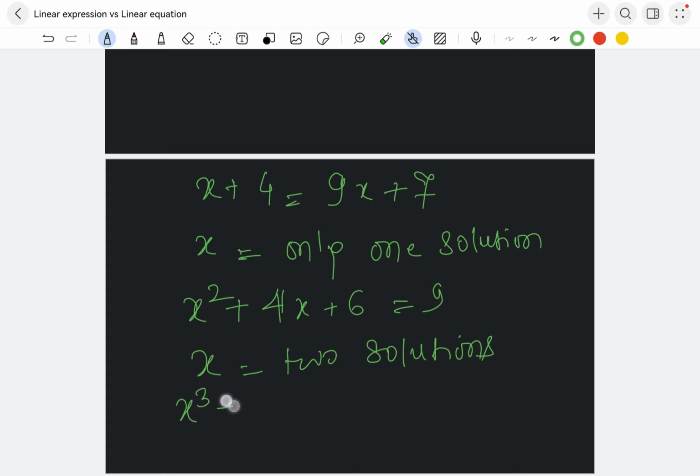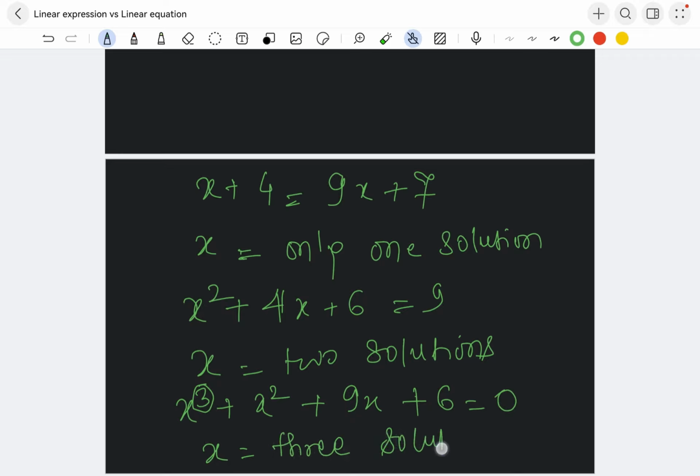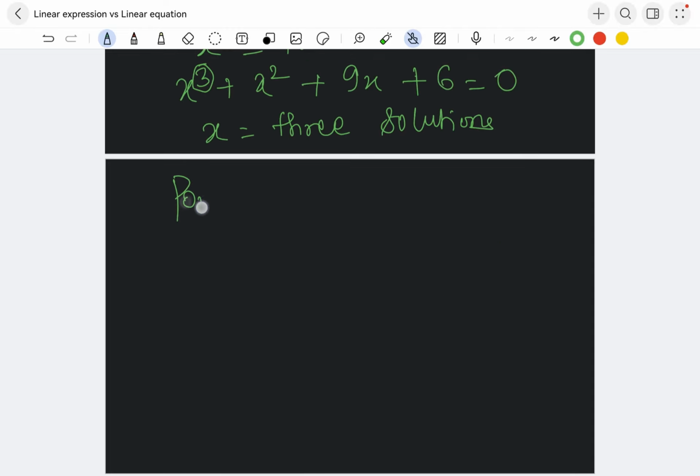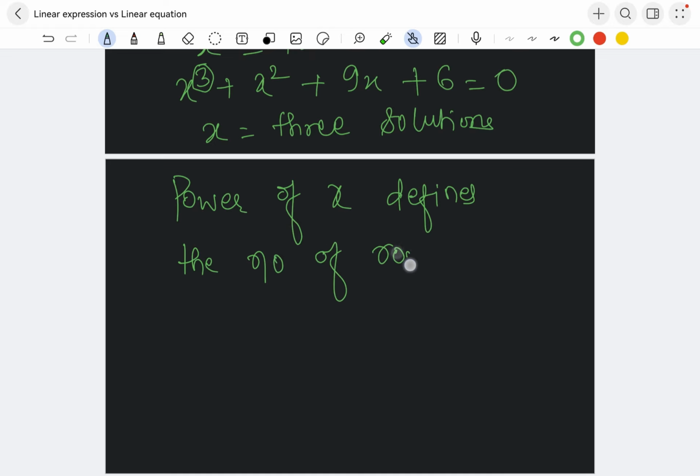And if a cubic equation is there, then x will have three solutions. Hence the highest power of x defines the number of roots of the equation.